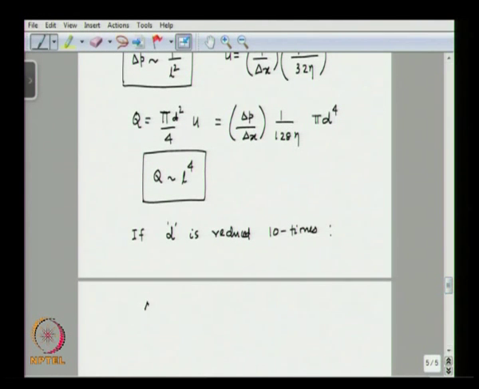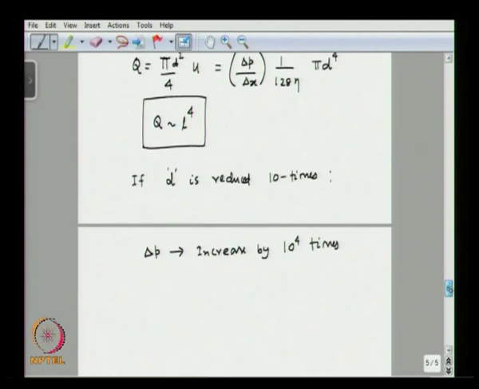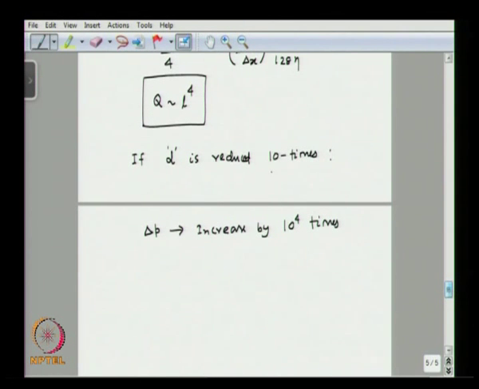The delta P is going to increase. If the channel size is reduced 10 times, the pressure drop is going to increase, which is an undesirable effect.